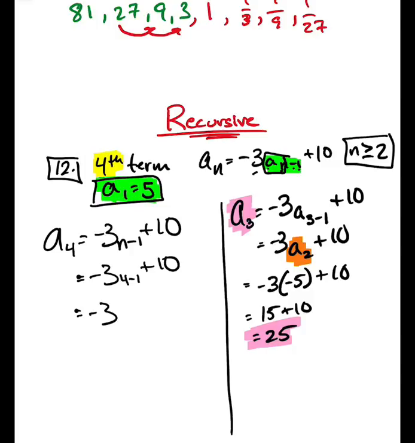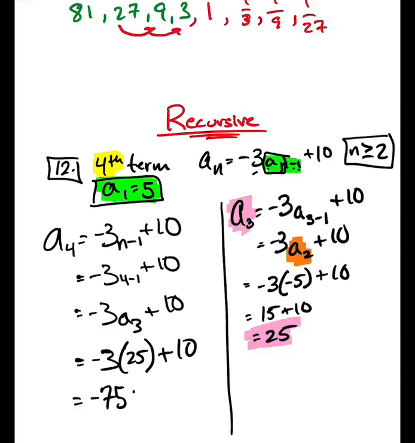That's negative 3 times a sub 3 plus 10. I know the value of a sub 3, that's 25. So that's times 25 plus 10, equals negative 75 plus 10 equals negative 65. And that is my answer. So the value of my fourth term is negative 65.